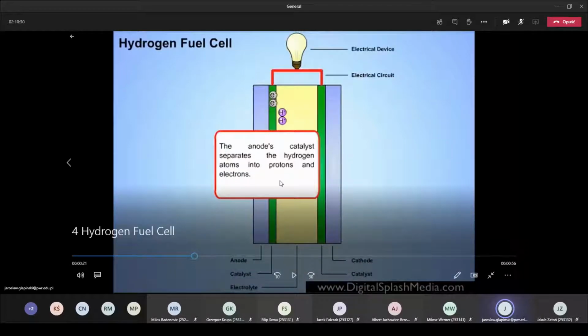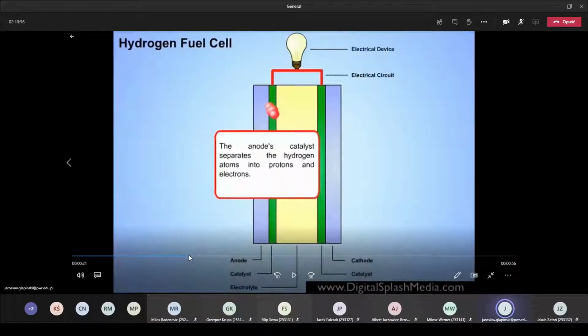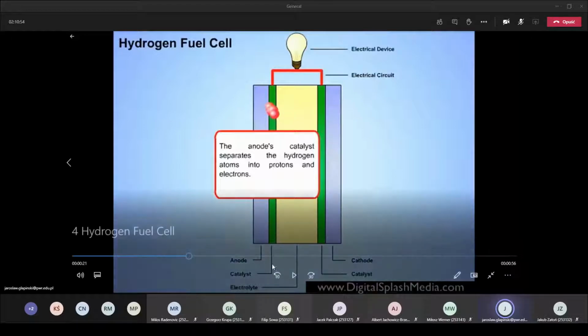So at the anode, there is a catalytic process, and in this catalytic process, we separate the hydrogen into protons and electrons.